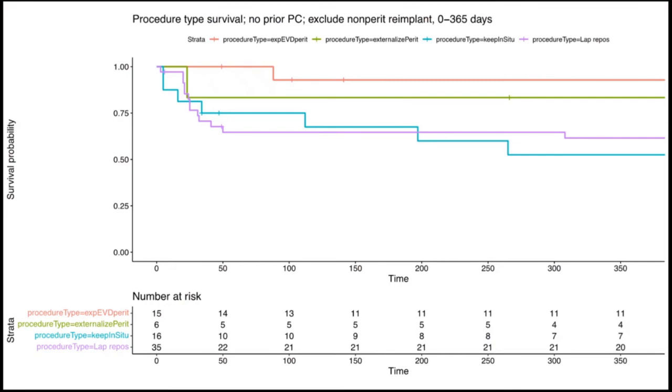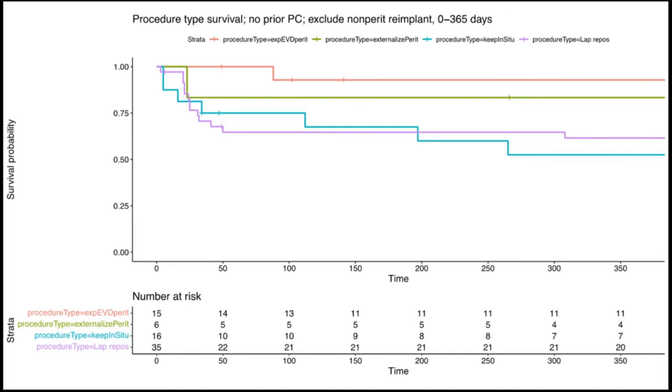Shunt survival, or pseudocyst recurrence, survival analysis of that. The event of interest is, after treatment, does the pseudocyst recur when the shunt was reimplanted back into the abdomen? The top curve is the gold standard, explant, EVD, peritoneal reimplant once the pseudocyst is gone. There's about a 90% success rate with that, and this is over 1 year.